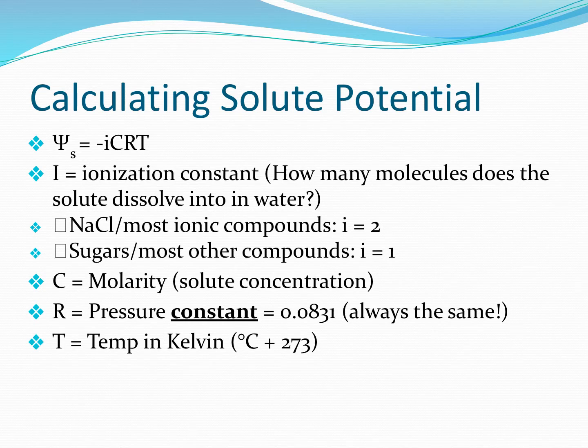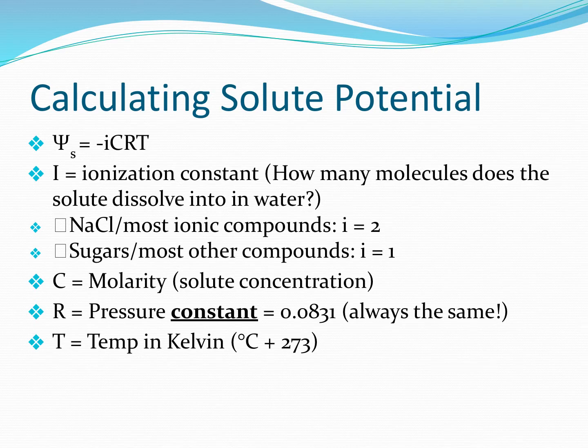Salt, NaCl, has an ionization constant of 2 because it is ionic, and when ionic compounds dissolve in water, they dissolve into their component ions, Na plus and Cl minus. So there is an ionization constant of 2 for a salt solution.